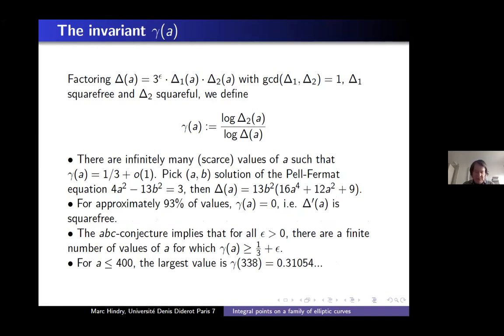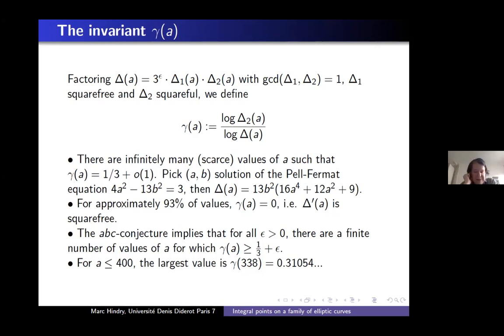I take all the factors that appear with exponent 1, that gives me a delta 1, and I take all the prime factors with a bigger exponent, and that builds up my delta 2. So for A square free, this gamma will be 0. And the definition of gamma is log of delta 2 over log of delta. So it's between 0 and 1.